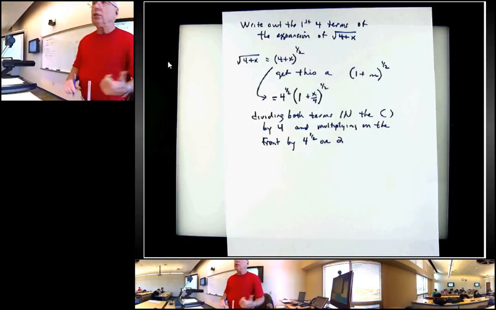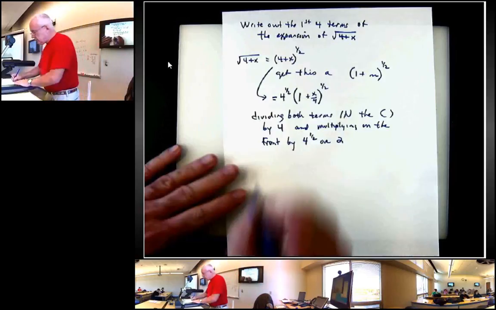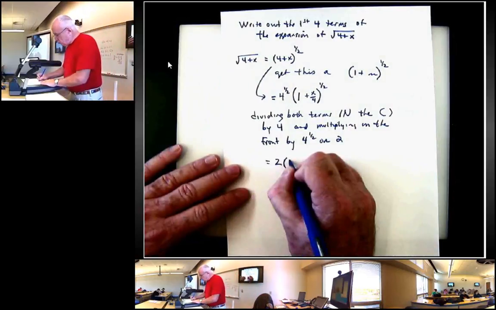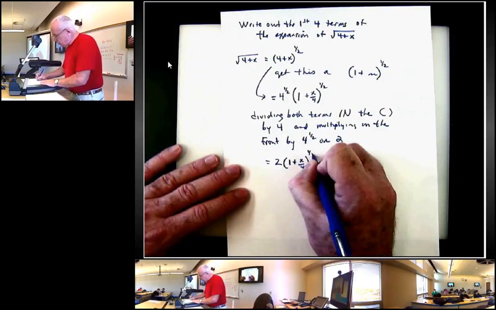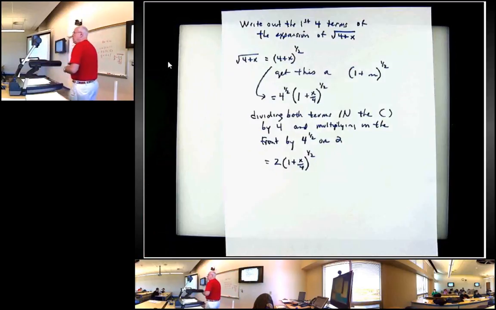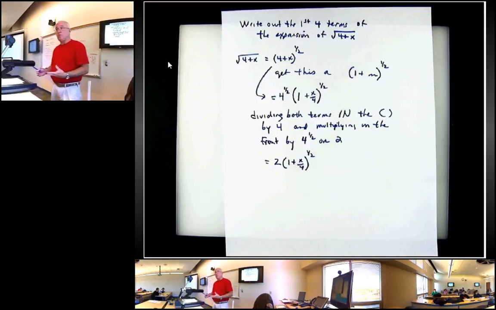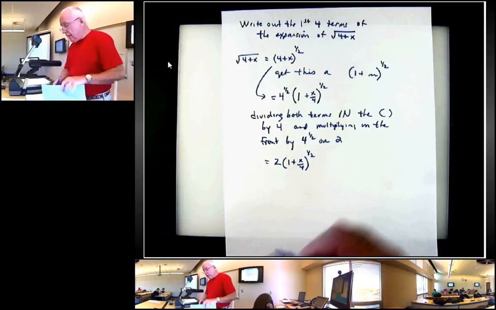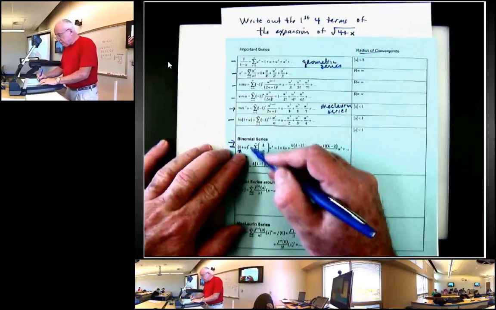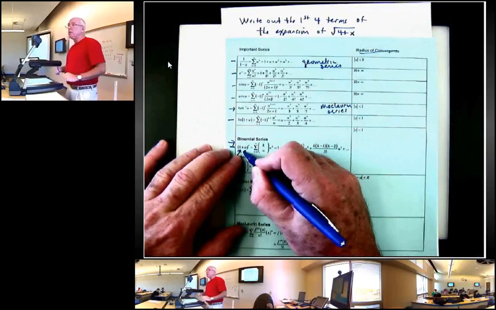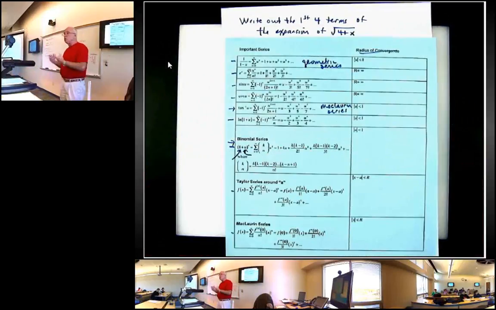So I'm going to rewrite this then as 2 times 1 plus x to the 4th, close parentheses, to the 1/2 power. Any question on that kind of manipulation to get it in the right format? Now, looking at this sheet here with this binomial series, I deliberately wrote it this way with a general u there instead of an x.